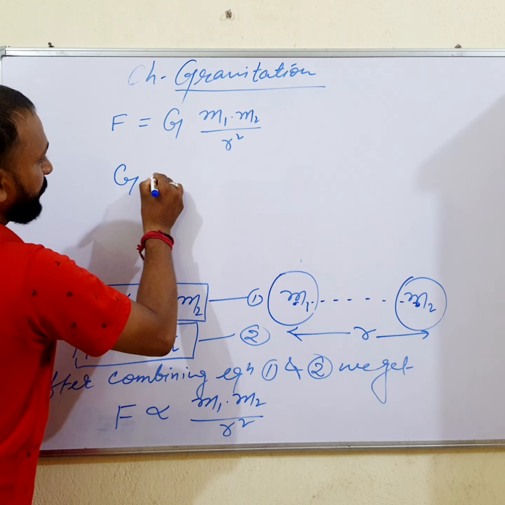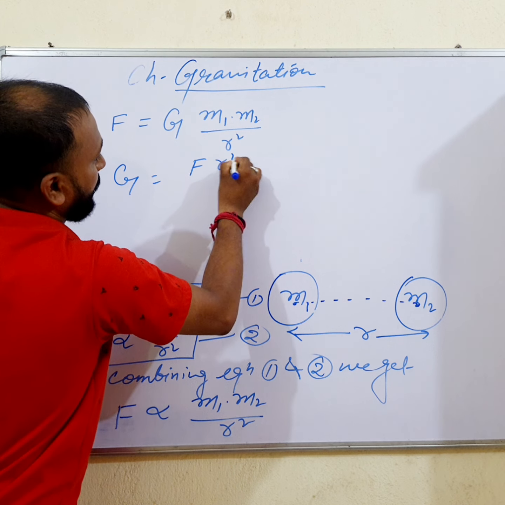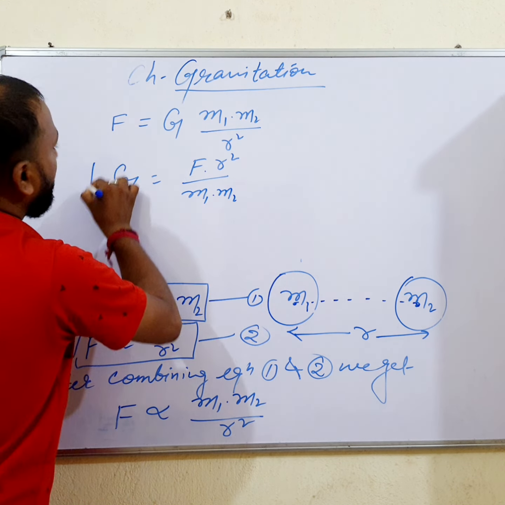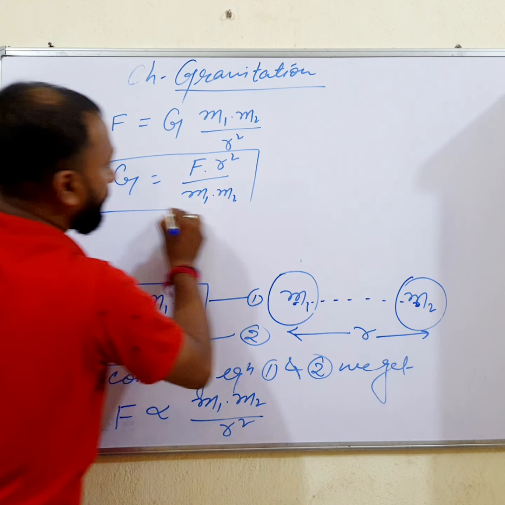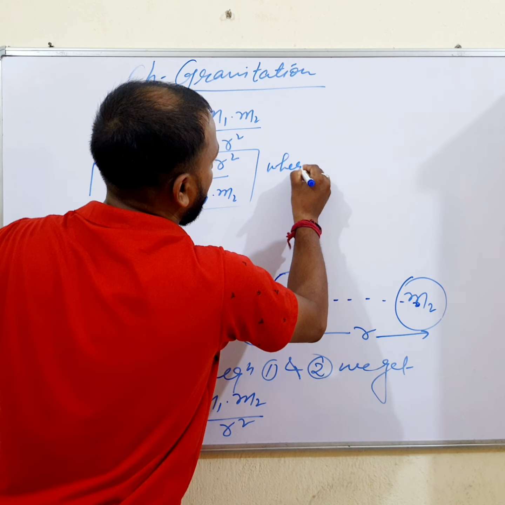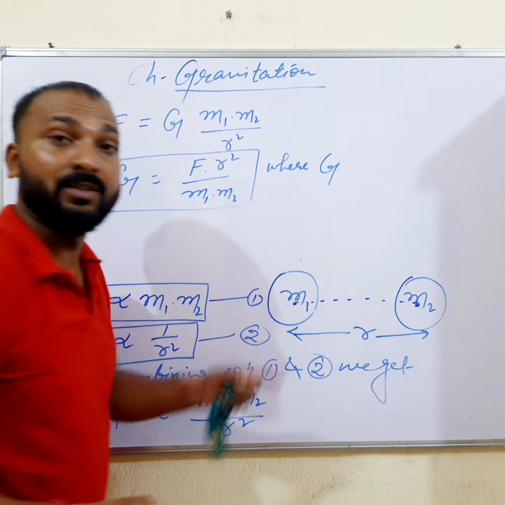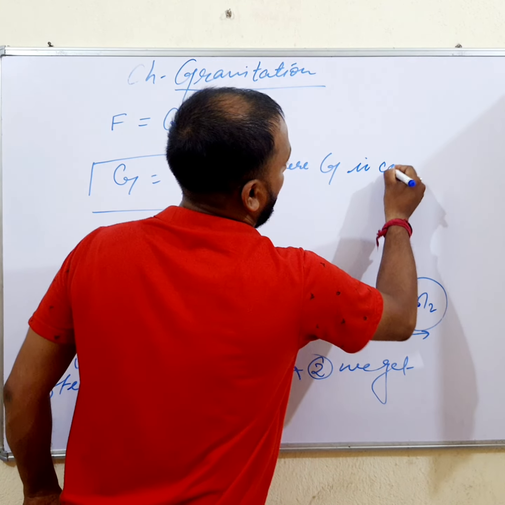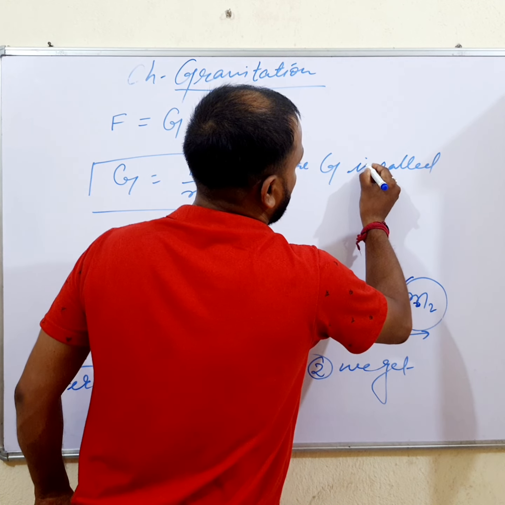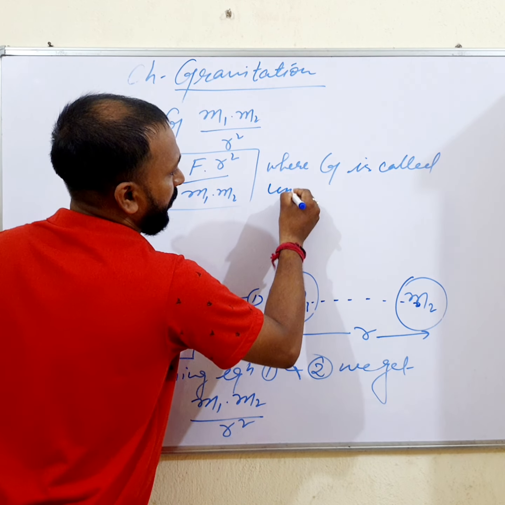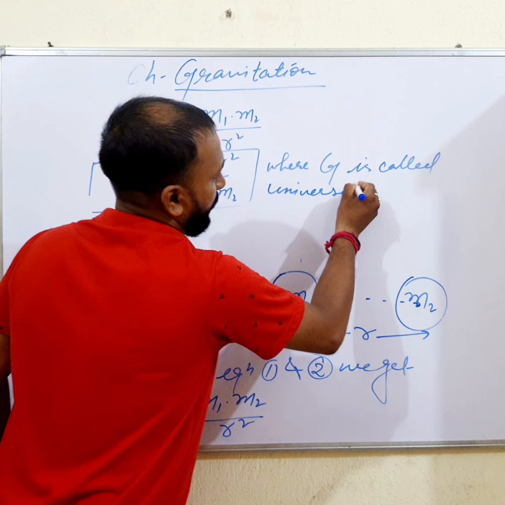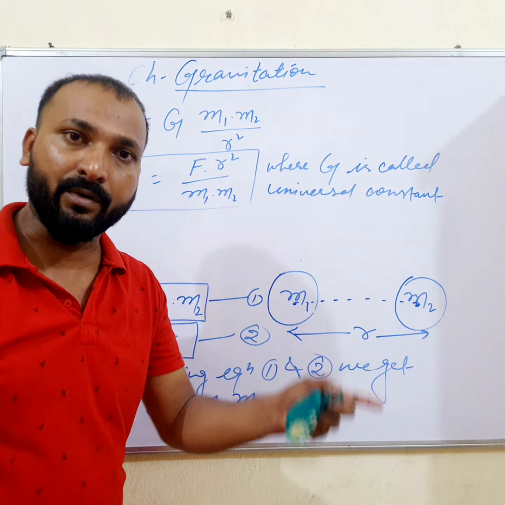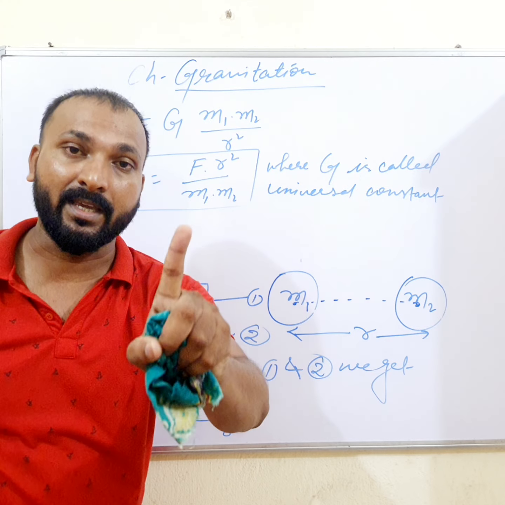Therefore, G equals F r square upon m1 m2, where G is known as the universal constant. G is called the universal constant, meaning in the whole universe the value of G is the same.